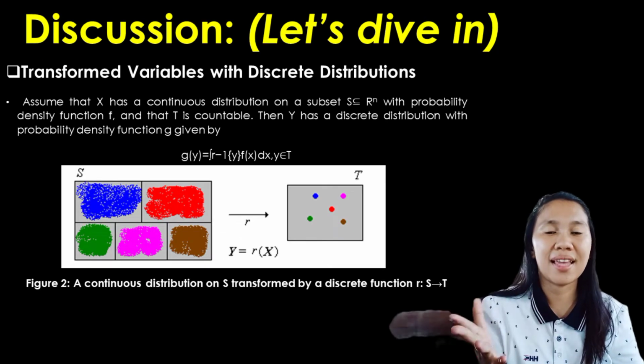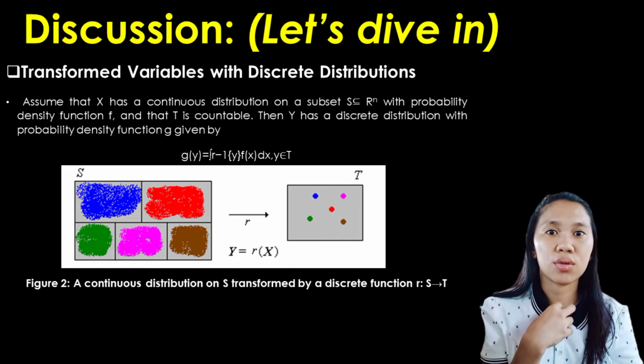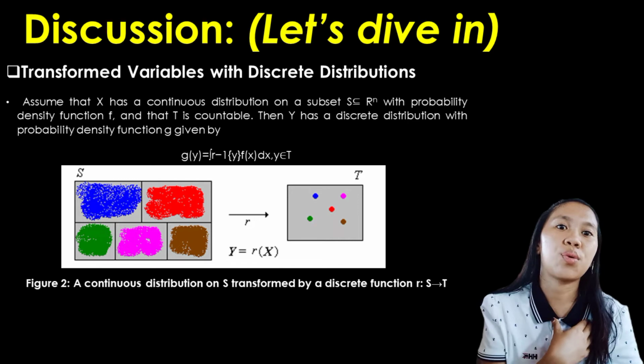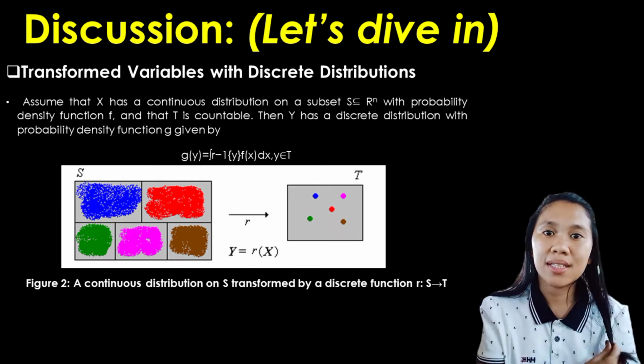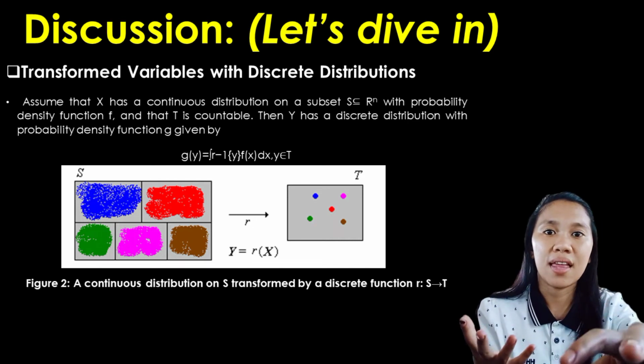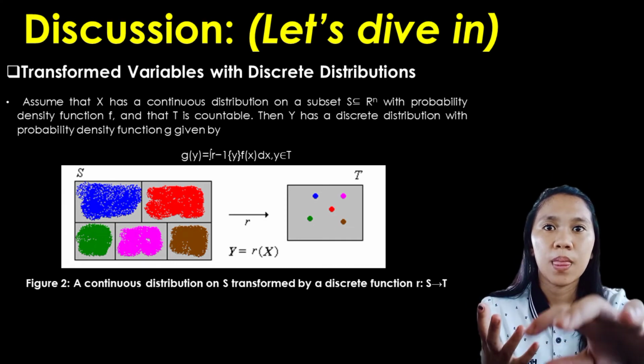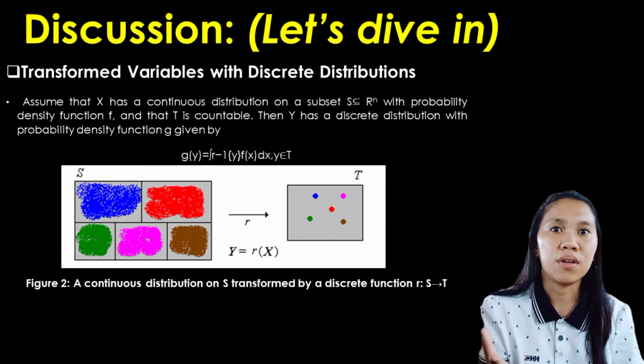So assume that x has a continuous distribution on a subset S of Rn with probability density function f, and that t is countable.